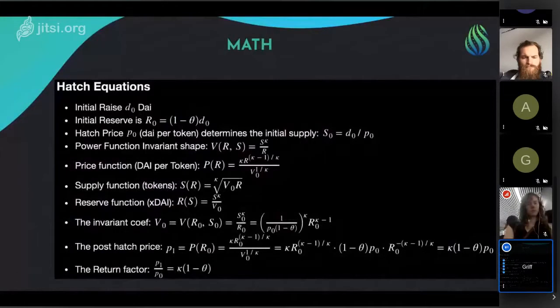Now, to use cadCAD and to design things, it's important that you start with the math and the whiteboard. You need to understand what you're designing before you throw it in cadCAD. A lot of the time, I've seen developers in the crypto space go straight to the code. They start writing the functions that they want, and they write comments that describe the function's behavior, and then they start building those functions.